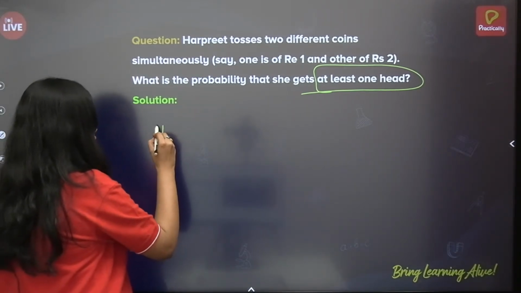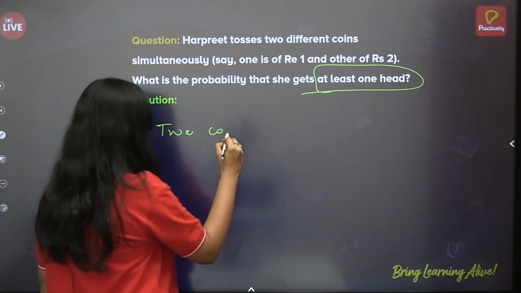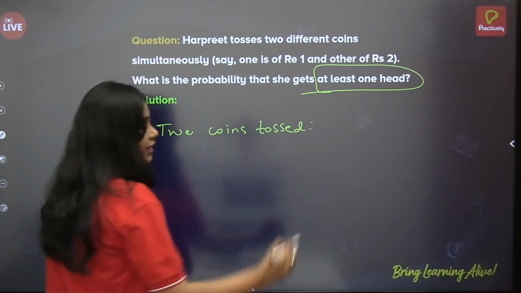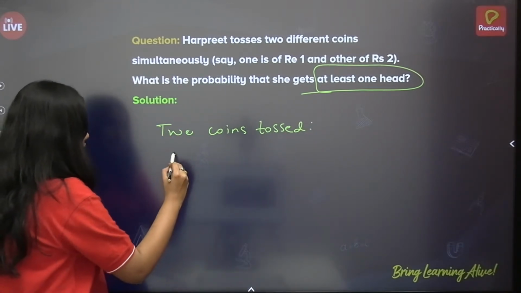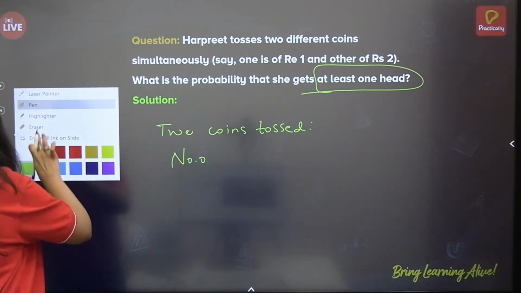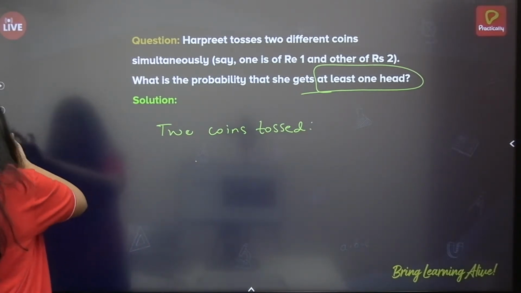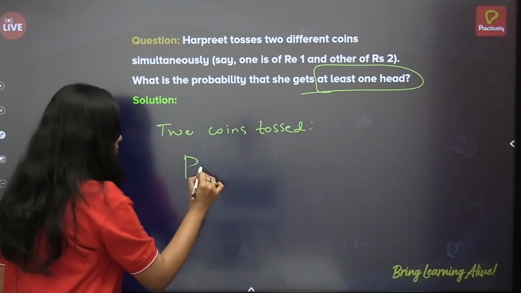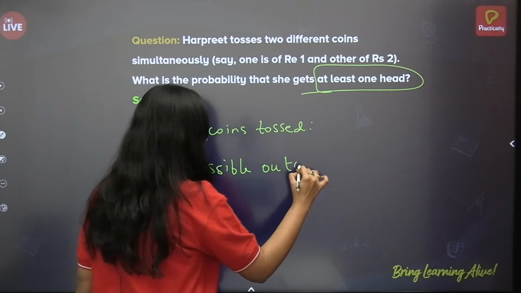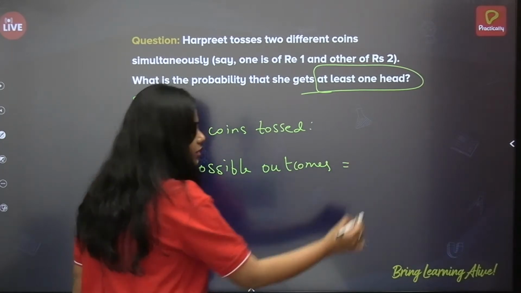Two coins tossed. Correct? Let me just write the possible outcomes. What are the possible outcomes here?